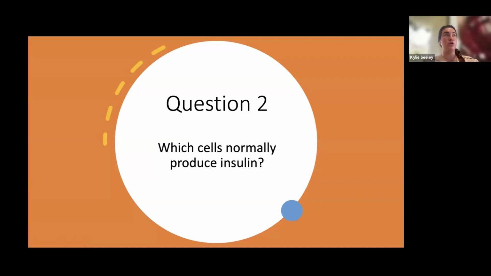If kiddos aren't able to utilize the blood glucose or the sugar for energy, they'll just start eating more, but they won't gain weight because their body is peeing out that extra glucose. So that would be the other maybe sign to look out for. But I don't know if Dr. Valenzuela or Dr. Farrell has a different answer.